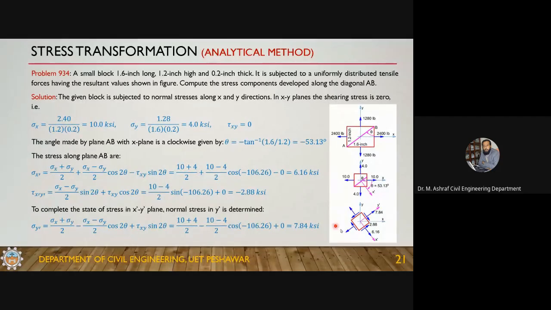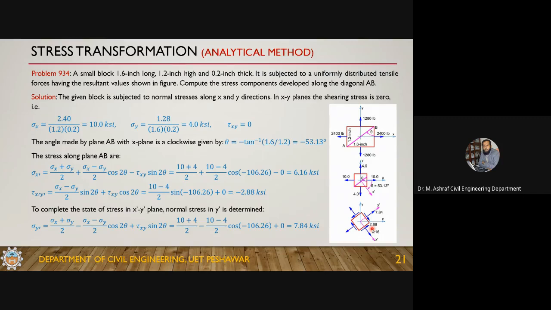And the AB plane is this one, and the required stress components are 6.16 and 2.88. Calculation sometimes is very easy. You just have to plug in the values and get the result.